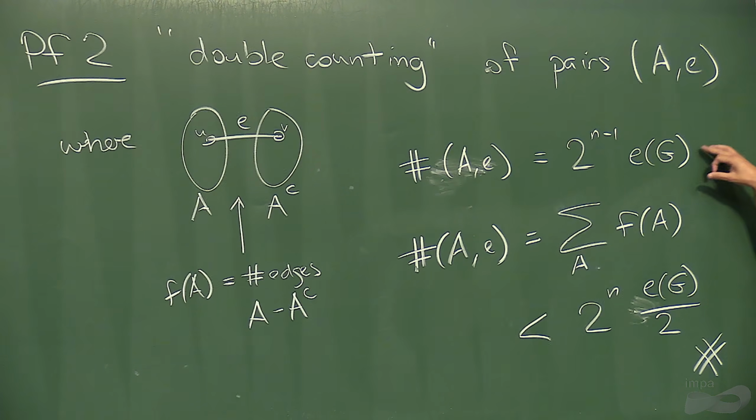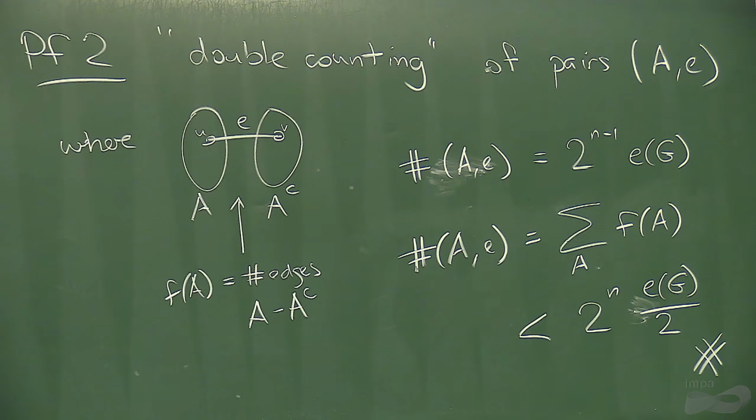The fact that the number of pairs is this large implies there must be some A for which f of A is at least E of G over 2. Now, if there are questions, please ask.